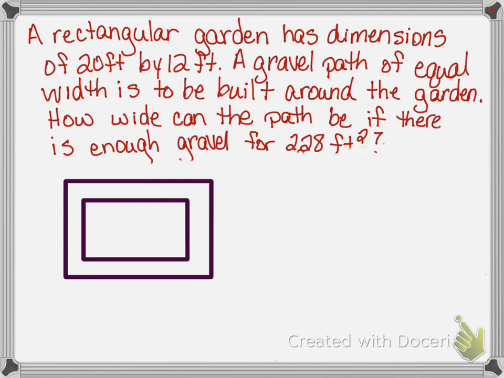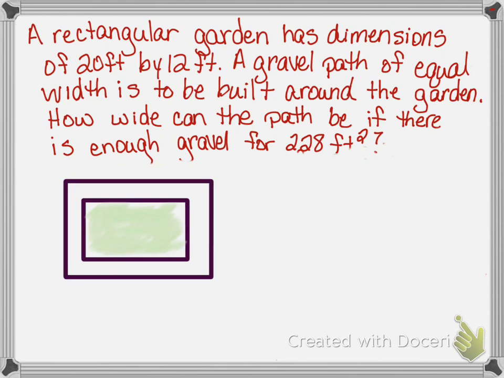Now, it takes a minute for us to really wrap our mind around what's happening here. This part right here is my garden, where I plant roses and hydrangeas and all sorts of good things. Can you see that at all? Yeah, I guess you can.